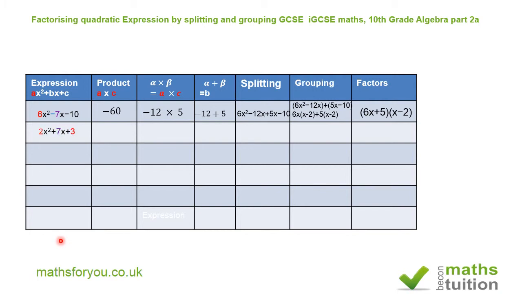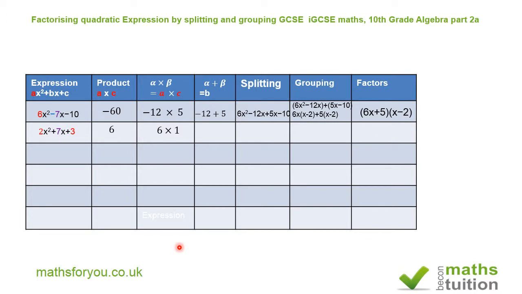Now, next example, I've got 2x squared plus 7x plus 3. I'm going to multiply the coefficient of x squared and the constant term 3, and I get 6. Now, looking for two numbers such that when I multiply, I get 6, and when I add, I get 7.